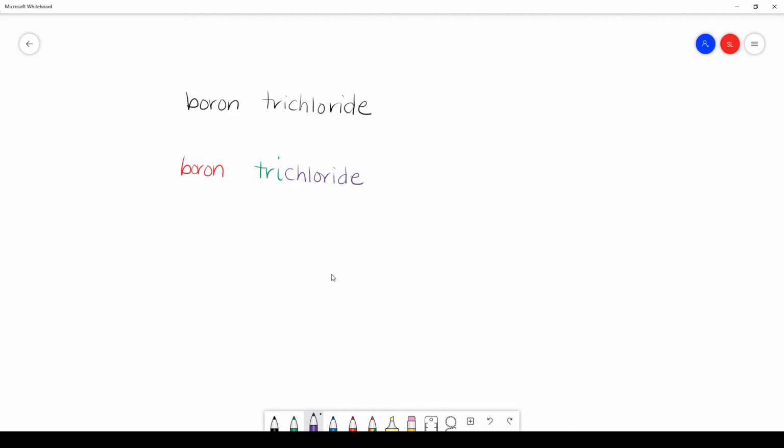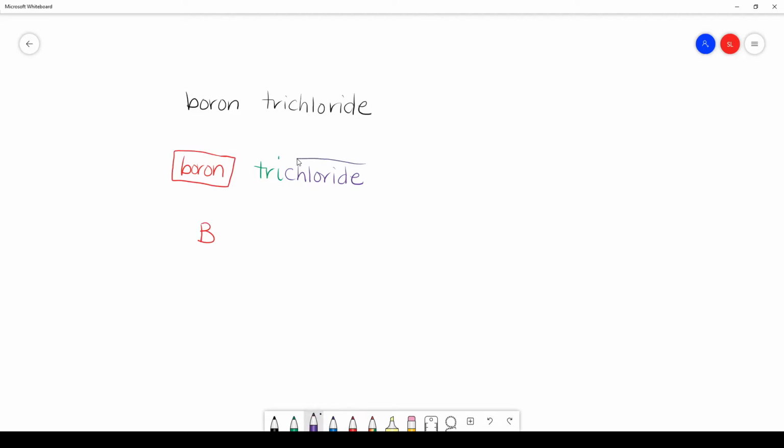Once you're able to separate the parts of element 1 and element 2, and you have learned the prefixes and the root plus ide names, working with molecular compounds becomes pretty straightforward. So now, element 1 is boron. That has the symbol B. There is no prefix 1, so there is no subscript 1.